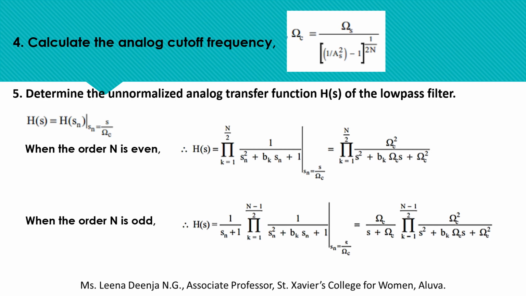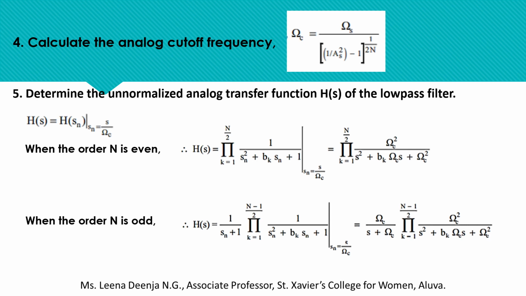When the order N is even, H of s equals the product, k equal to 1 to N by 2, of 1 by (Sn square plus bk Sn plus 1) at Sn equal to s by omega c, which equals the product, k equal to 1 to N by 2, of omega c square divided by (s square plus bk omega c s plus omega c square).